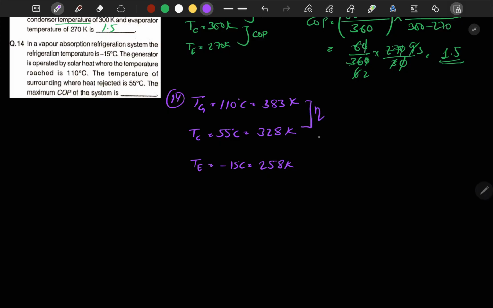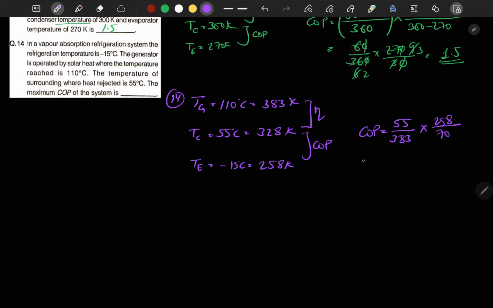Next we have to find the COP. So again efficiency and COP. The COP is equal to the efficiency of these two, the difference between these two, that is 55 upon the higher temperature 383, into the lower temperature 258 divided by the difference between them, that is 70.